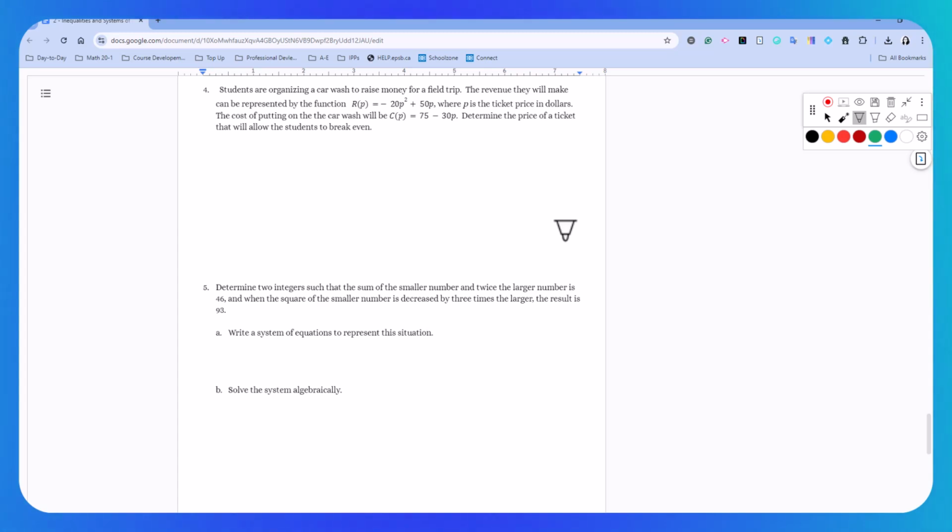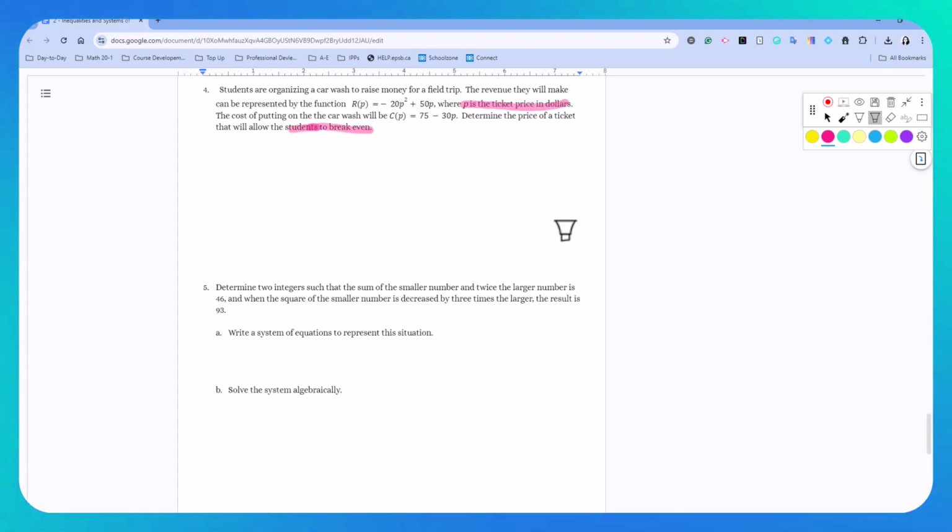The revenue they will make can be represented by the function R of p equals negative 20p squared plus 50p, where p is the ticket price in dollars. The cost of putting a car wash on will be C of p, which equals 75 minus 30p. It says determine the price of a ticket that will allow the students to break even.